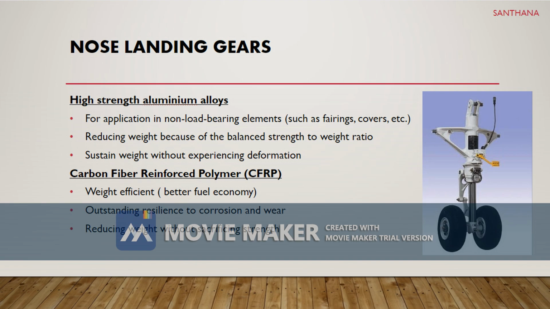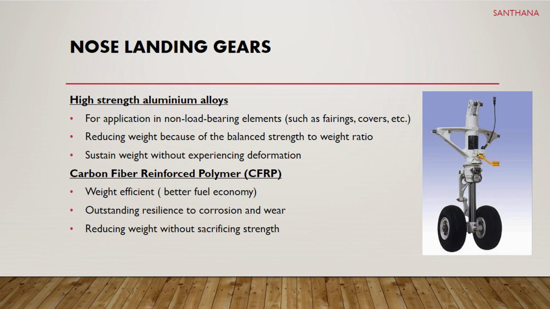These are mainly used in non-load bearing components such as fairings and covers. The reason aluminum alloys are a great choice is that they offer a balanced strength to weight ratio. This helps reduce the overall weight of the landing gear while still being strong enough to handle operational stress. Plus, they can sustain weight without deforming, making them reliable for long term use.